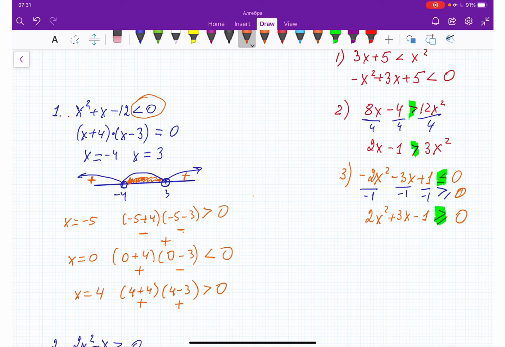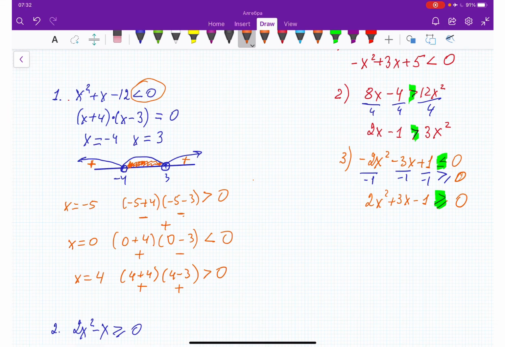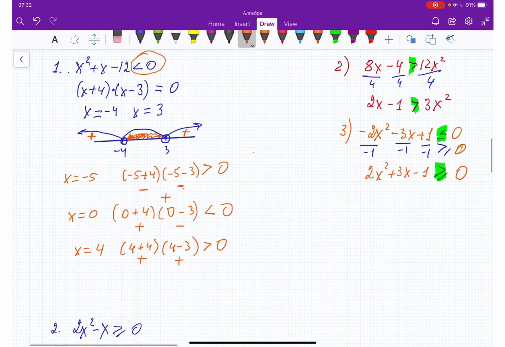That will be the answer. And now, to write down the solution, I'm going to put x has to be greater than negative 4 and less than 3. That's one way. And the other way, in the form of interval, we can put negative 4, comma 3.